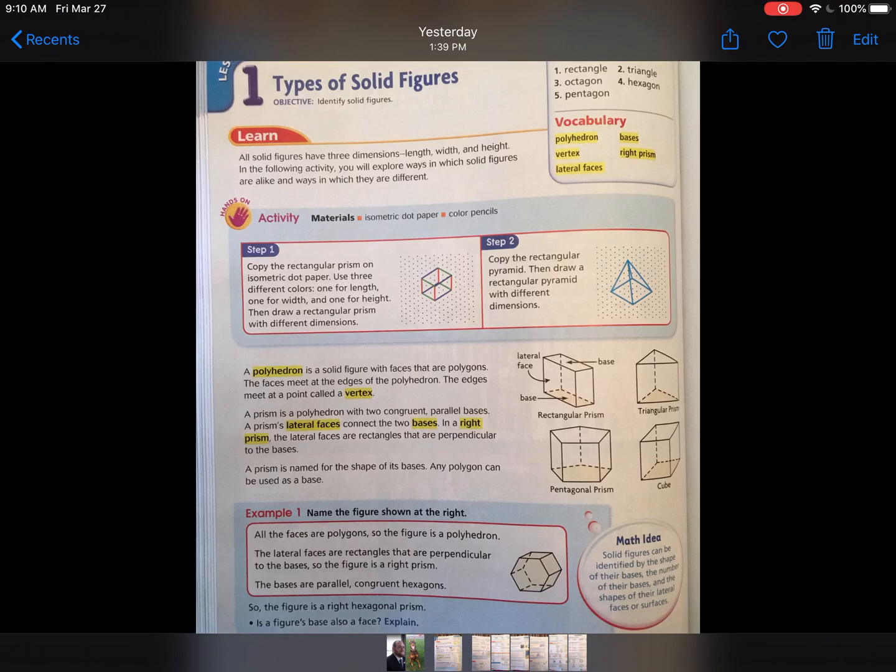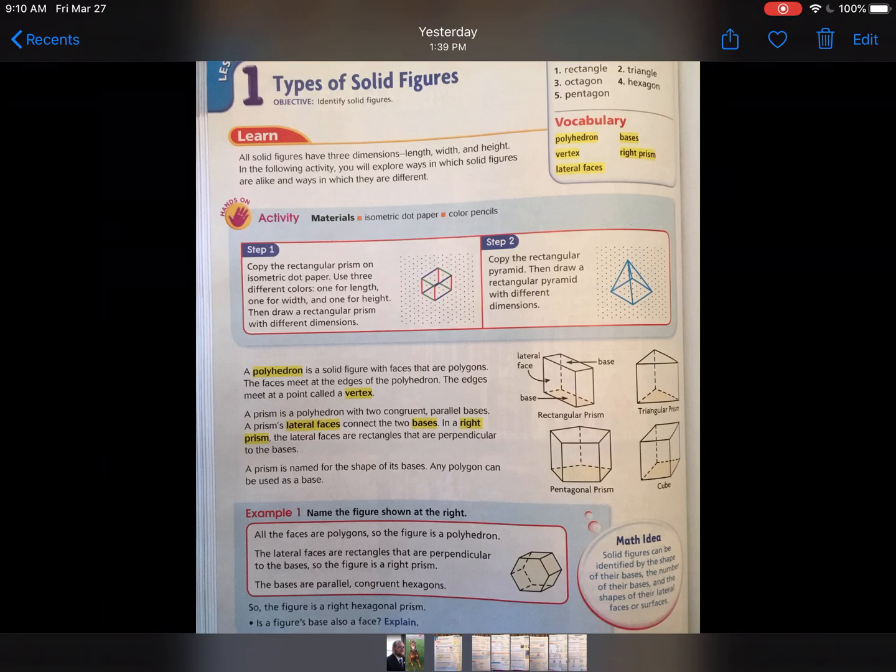So some of what you're going to be asked to do in this section is to identify 3-dimensional shapes, as in example 1 here. So they have us a polyhedron here. Every face is a polygon. There's nothing curved. So this is a polyhedron. Okay, we're not worrying about it being a right prism. All of our prisms are right prisms. You don't need to tell me that.